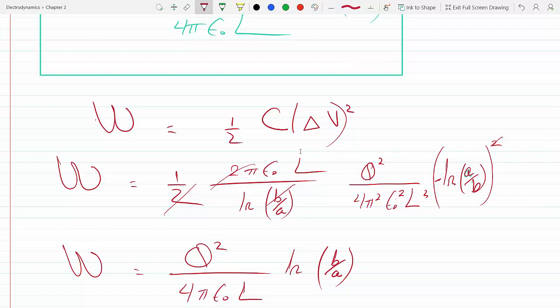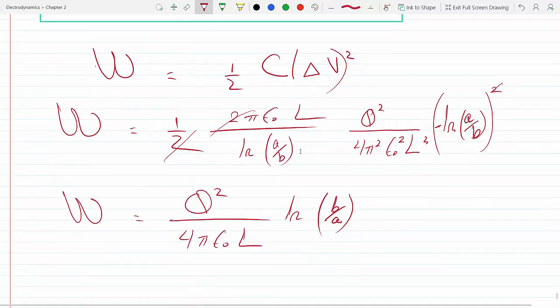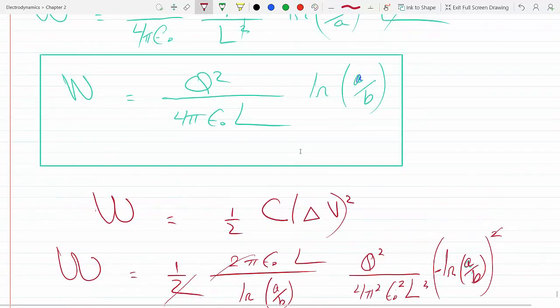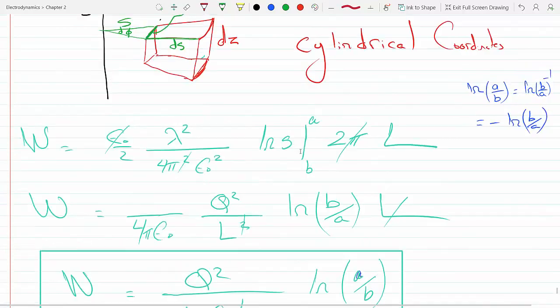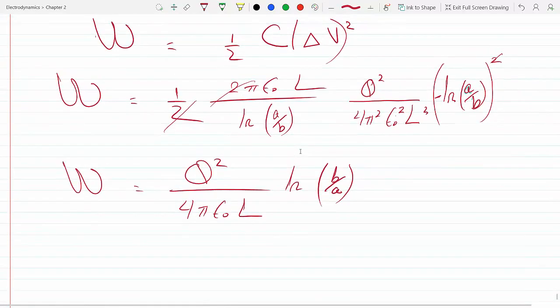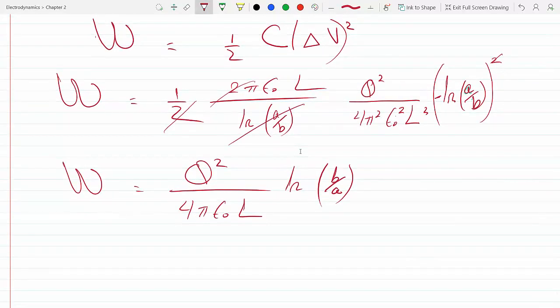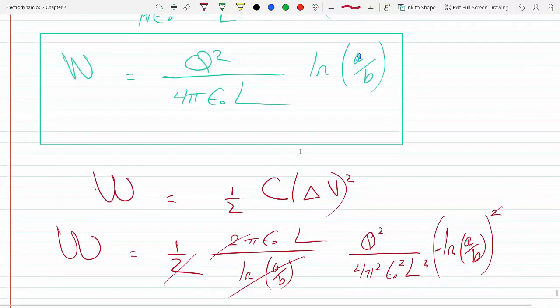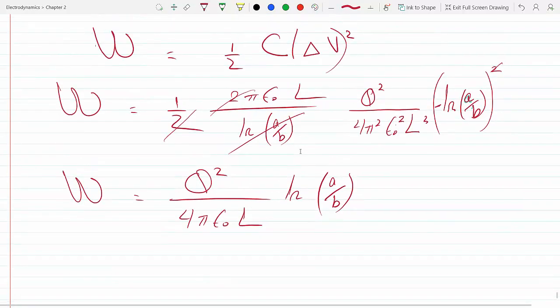And this is just ln a over b here, and one of them cancels out, one of those ln's goes away, and we get ln a over b, which is the same result we got from integrating the electric field over all space.